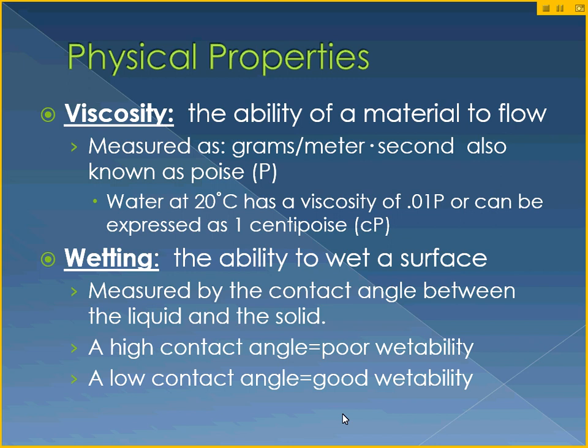Viscosity is very temperature dependent. There is a way to measure it, and it's measured in grams per meter per second, also known as poise. We will discuss viscosity in two ways: the viscosity of the material as it is outside of the mouth, and then the viscosity of the material as it reacts inside the mouth.